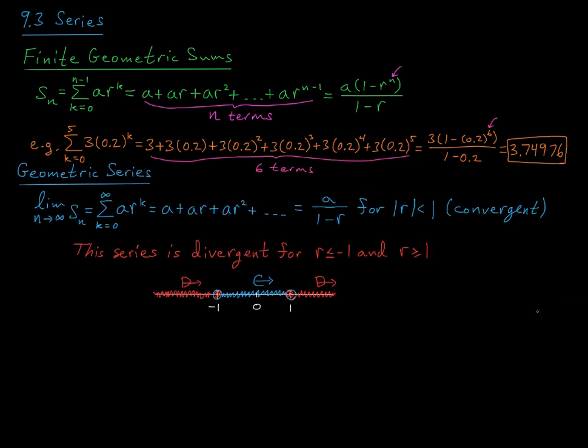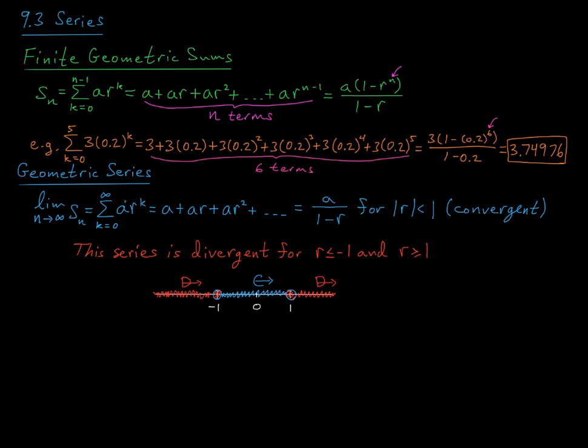All right, so now, taking the limit of S sub n. S sub n is this finite partial sum, so taking its limit is going to give us what we call a geometric series. S sub n just adds up the first n terms of this sequence, a times r to the k.